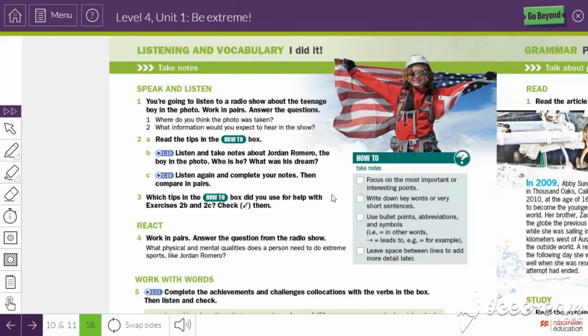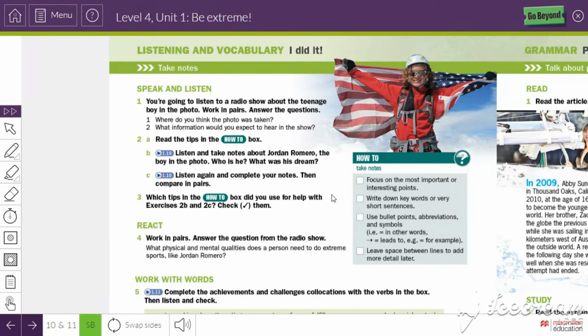The second one, you can write down keywords or very short sentences. This is a good idea. The next one, use bullet points or abbreviations. Abbreviation means a short form of a word or a symbol. And the last one, maybe you can leave space between lines to add more detail later.